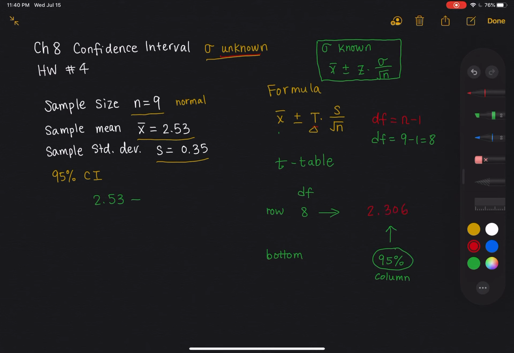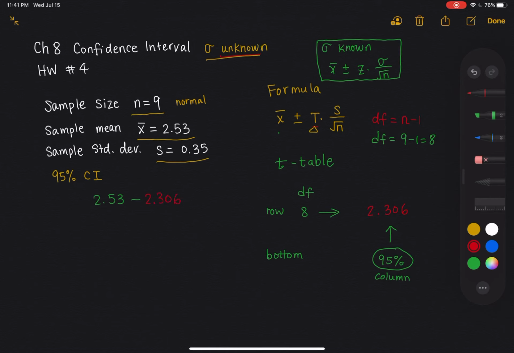If you have a TI-84, the textbook tells you how to use it. But if you're using the traditional way with a TI-34, it doesn't have those functions, so you just have to look up the table. So it's 2.306.